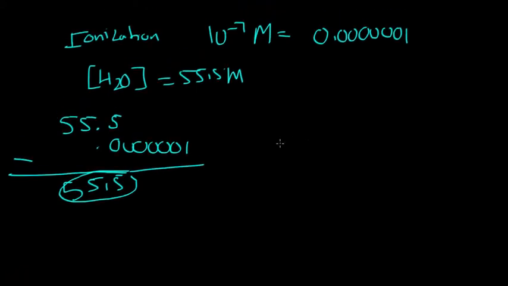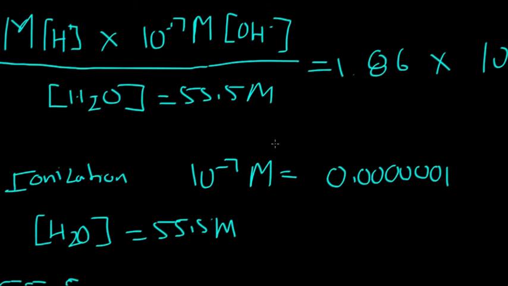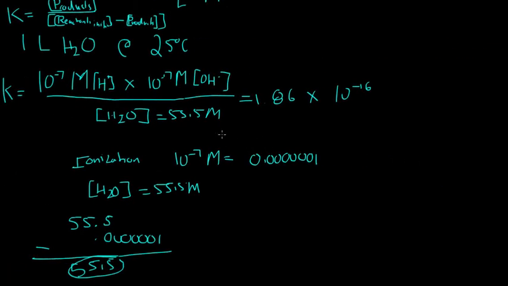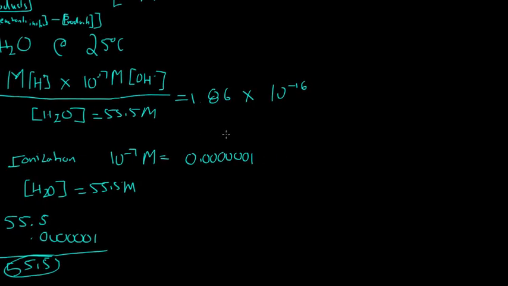So if we go back to our equation, what we would do with the ion product of water is take this 55.5 molar quantity and multiply it with our K that we got initially.